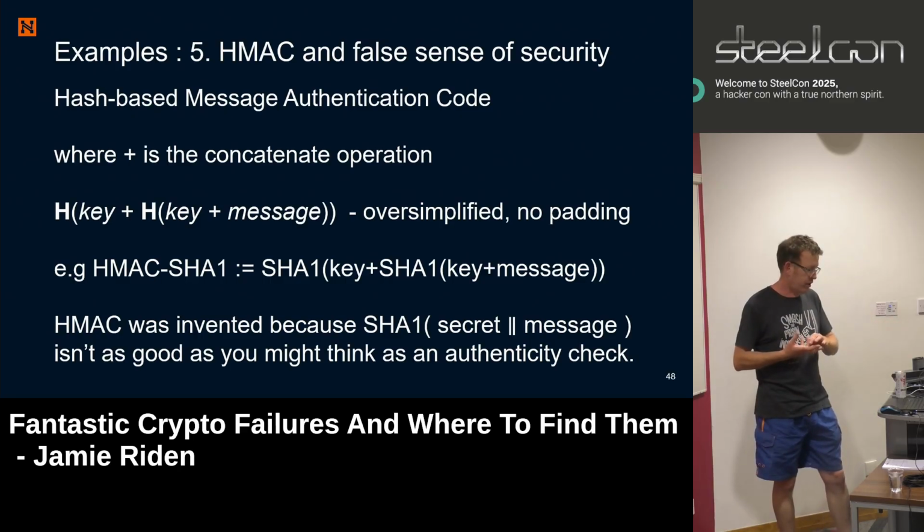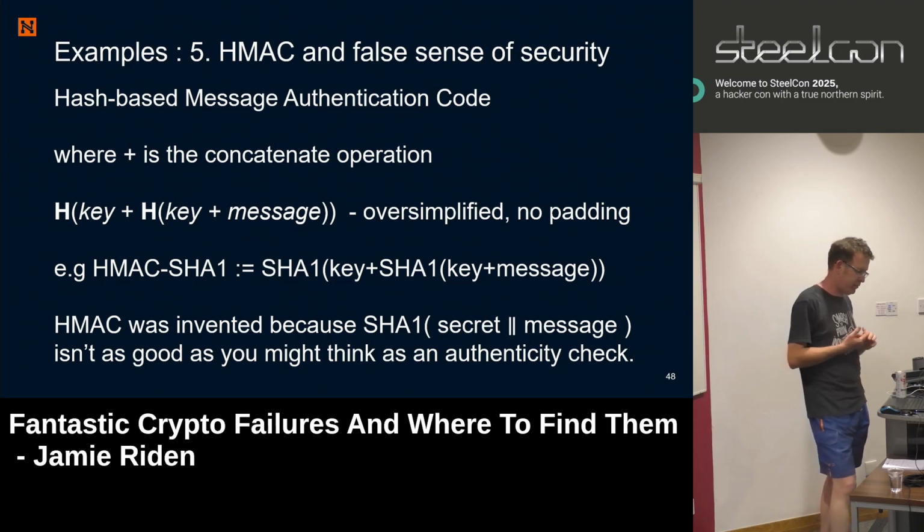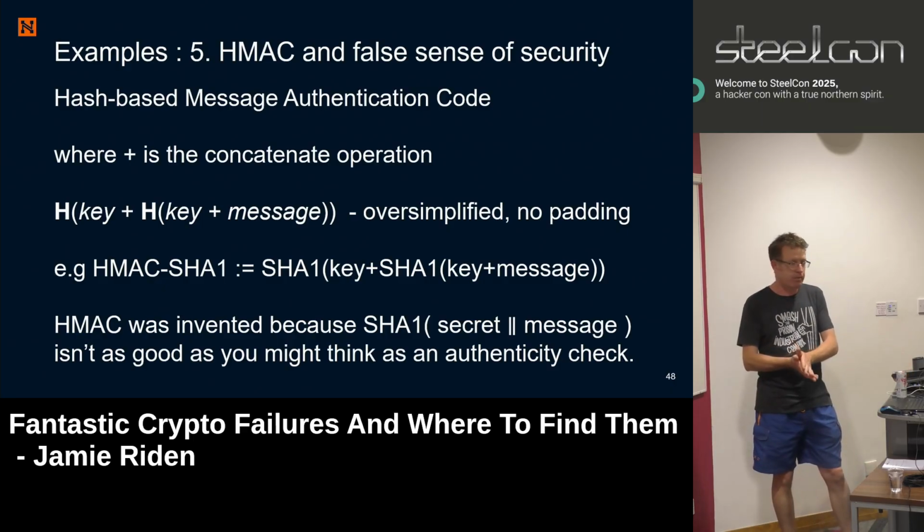And that was arrived at after some other things turned out not to be quite as good as you might want and have ways of forging like length extension attacks. So HMAC SHA-1 is defined as that. It works. Even though SHA-1's considered a bit broken these days, HMAC SHA-1 does what we want it to.